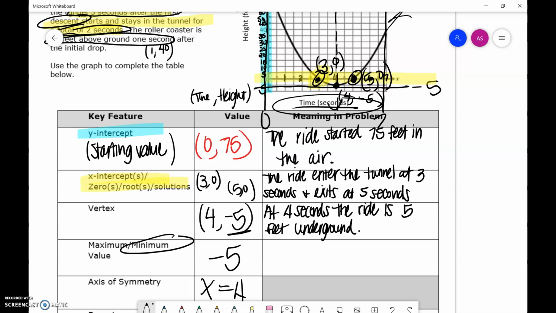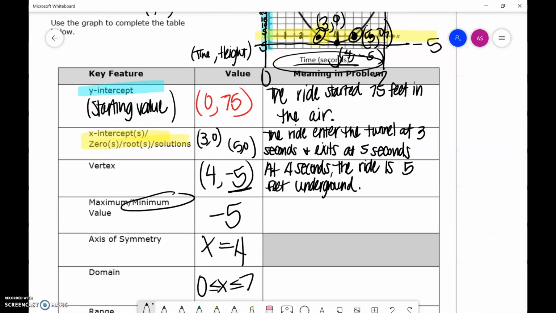A lot of people asked me earlier, why wouldn't you put -5? We don't say we're going negative downstairs, we don't speak like that. We're already saying we're going underground, so that already implies the negative. So at 4 seconds, the ride is 5 feet underground.